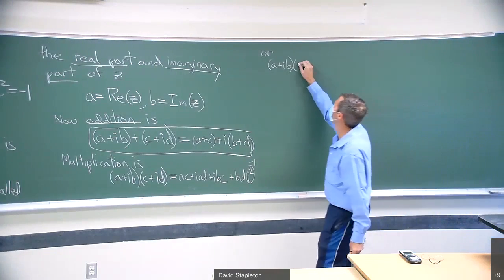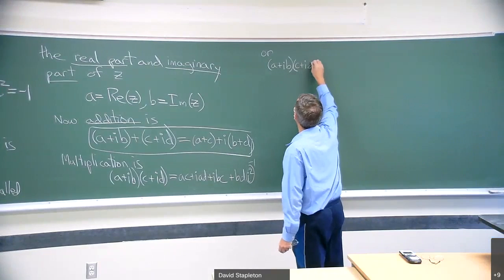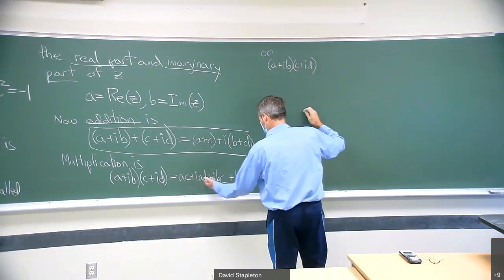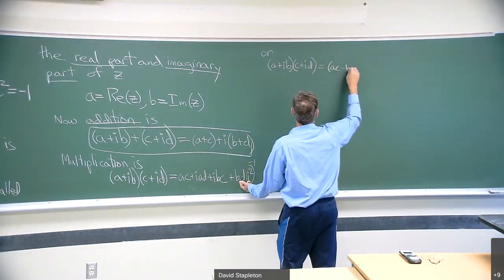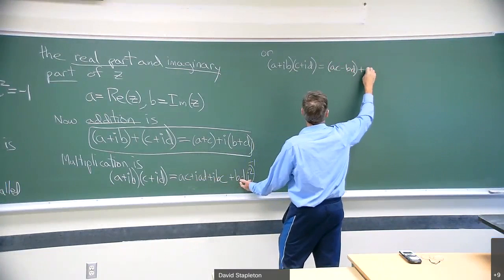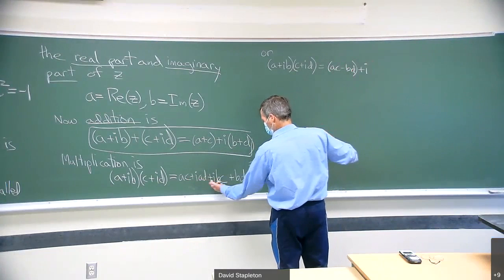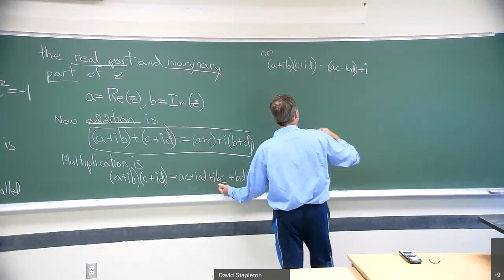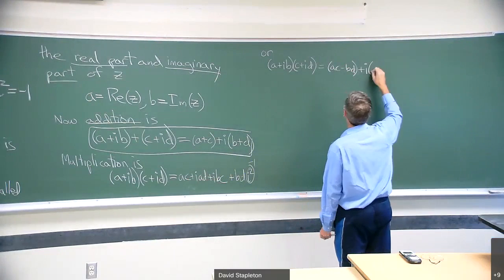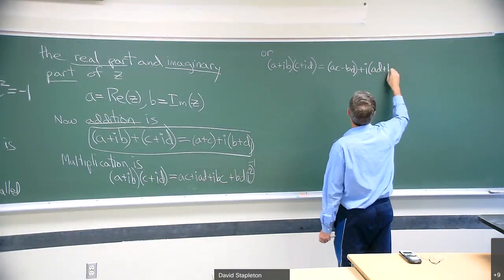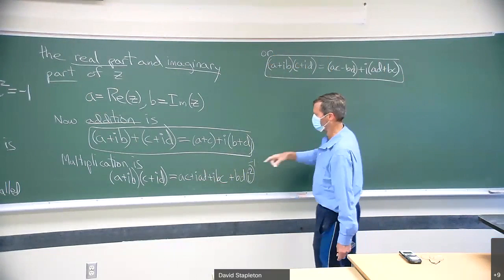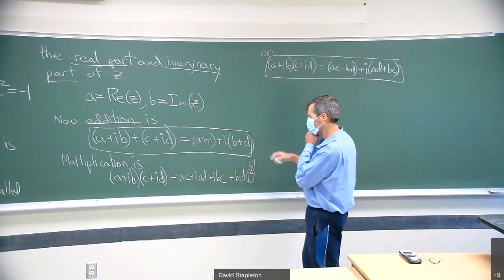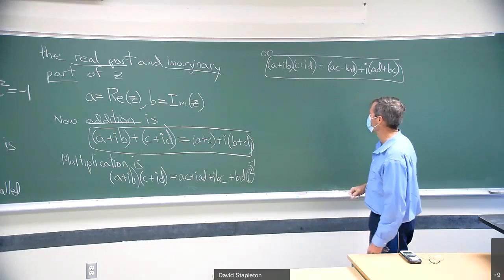We're supposed to get AC minus BD for the real part of the number. And when we factor out I from these two parts, I multiplies AD plus BC. There's how we define multiplication. Now it obeys the usual distributive rules for multiplying these things out.